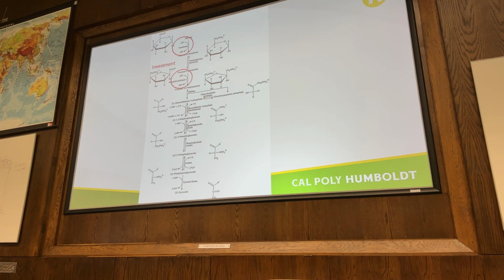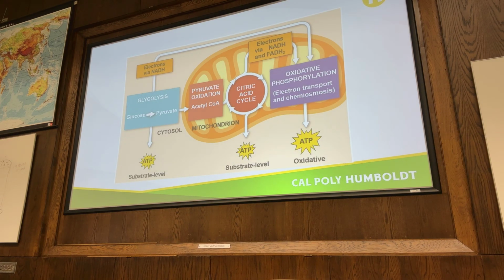So there's these energy investment steps, and then these energy return steps in this pathway. It's a very annoying thing where it actually initially costs you 2 ATP molecules to carry out glycolysis, but you get 4 ATP molecules. So there's a net gain of 2 via substrate level phosphorylation. I know, it's absolutely fascinating.